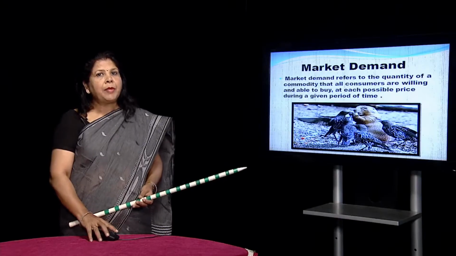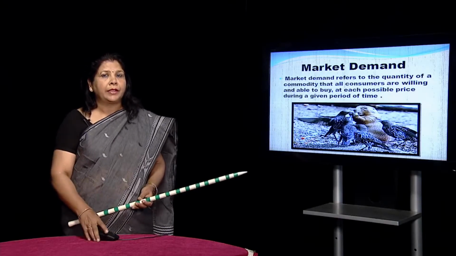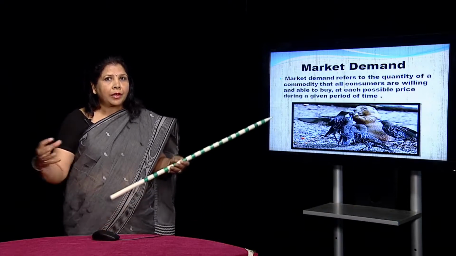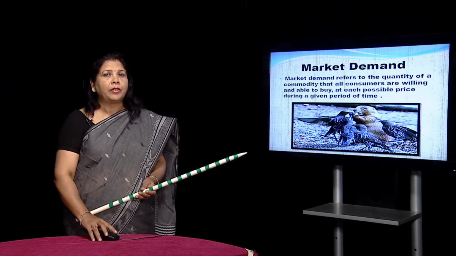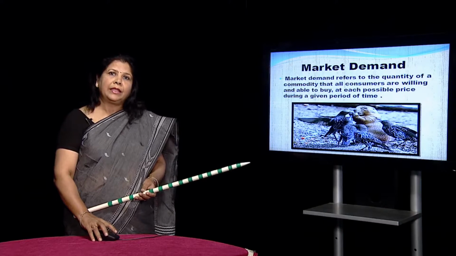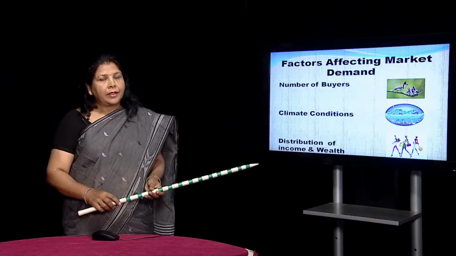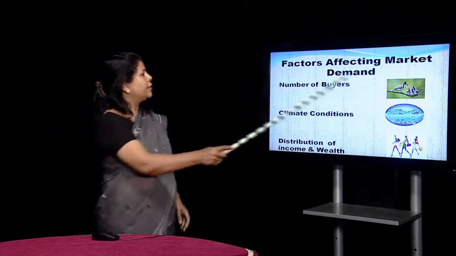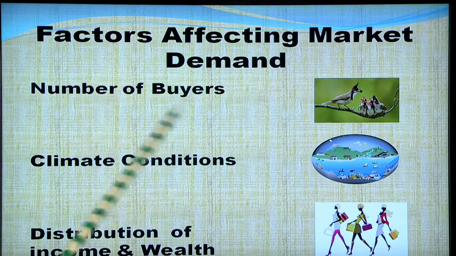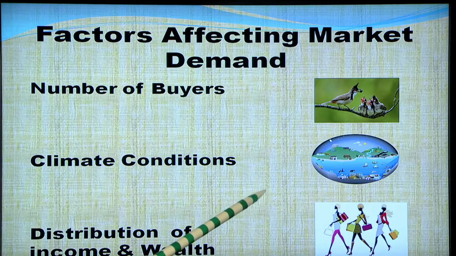Naturally, every market has more than one buyer and we have to consolidate their demand or bring it together, and that is what is known as market demand. The factors affecting market demand are the number of buyers, the climatic conditions facing the buyers and the distribution of income and wealth.